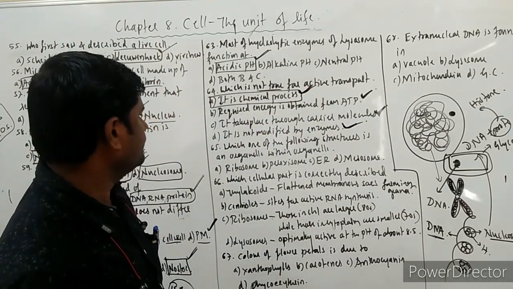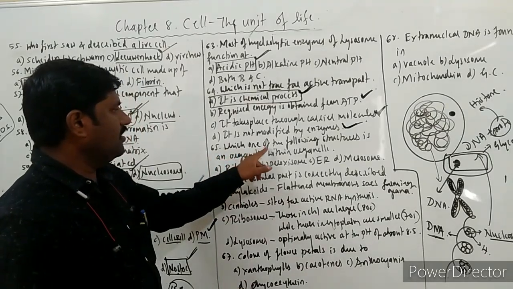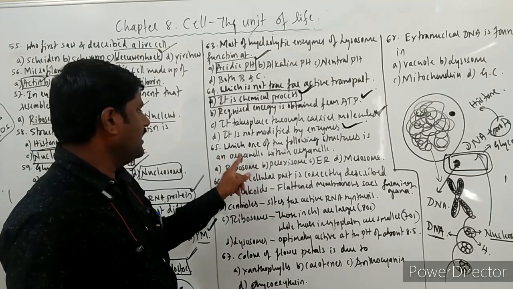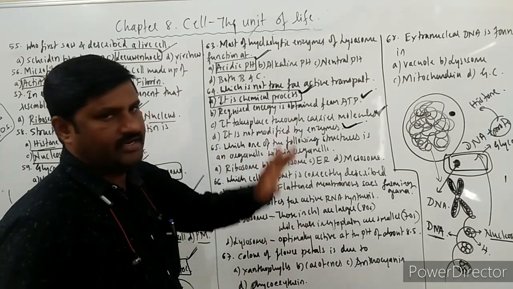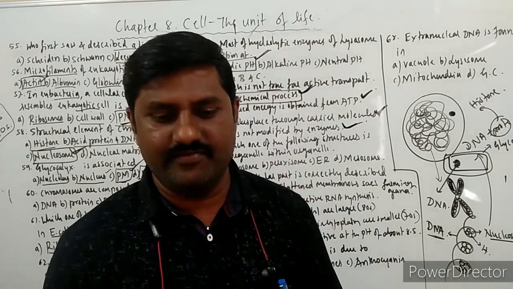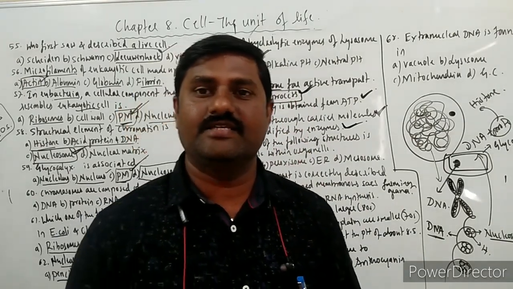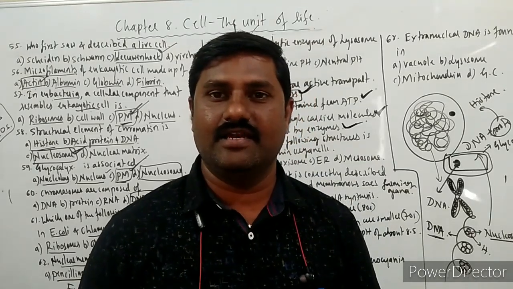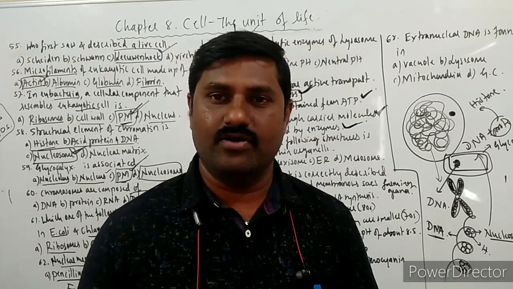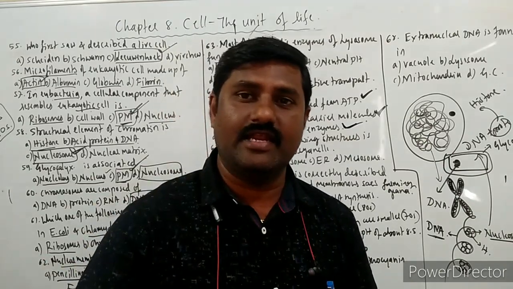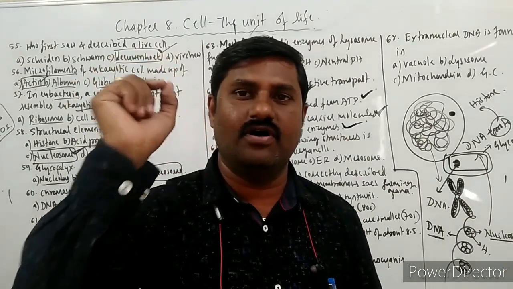Next question. Which one of the following structures is an organelle within an organelle? During the theory we have studied very well about organelles within organelles. Some organelles like mitochondria and chloroplast contain what?